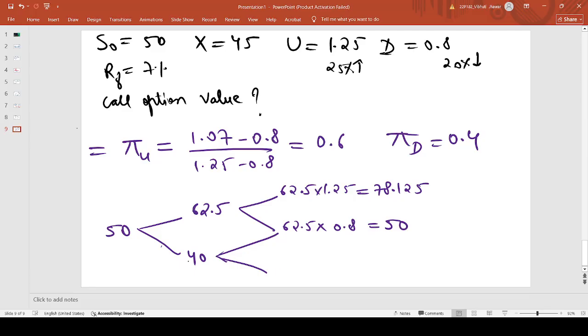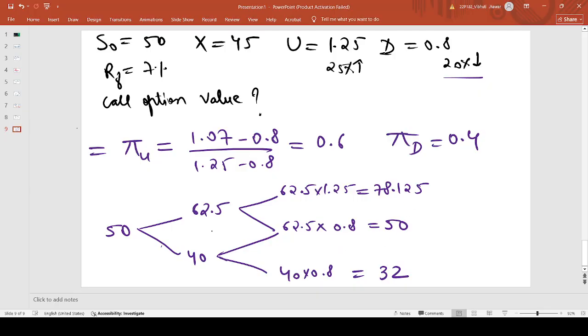Similarly, if the stock price is 40, it can increase by 25%, so 40 into 1.25 will give us 50. And if the stock price is 40 and it further decreases by 20%, it will become 40 into 0.8, which is 32.